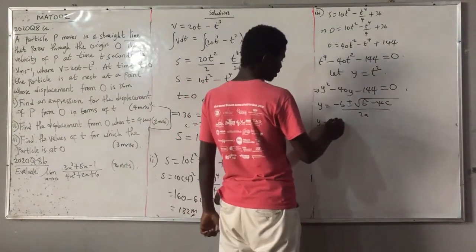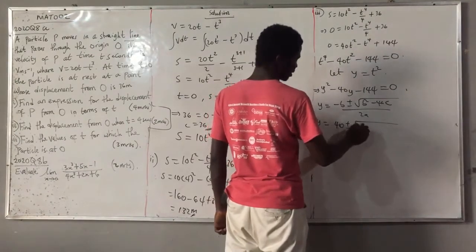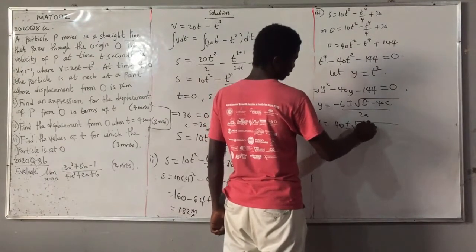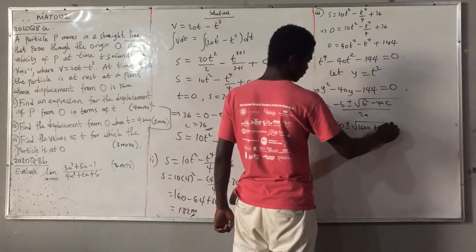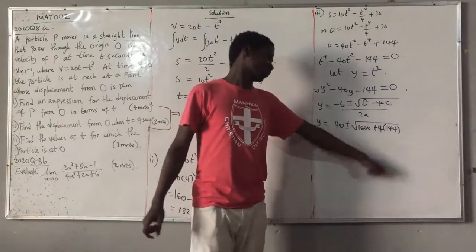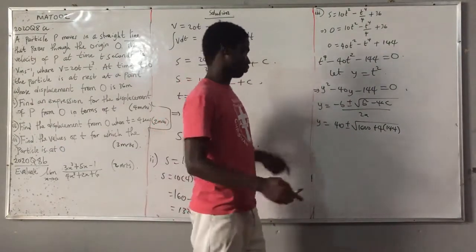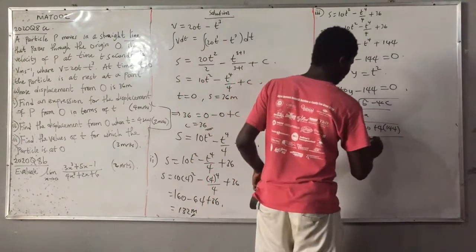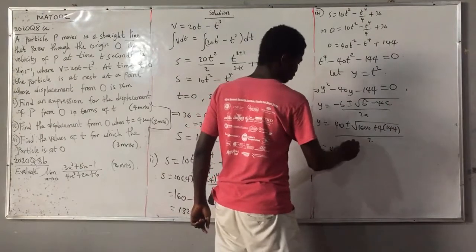So this becomes 40 plus or minus square root of minus 40 squared, that is 1600, plus 4, a is 1, c is 144. That is minus 4 times 1 times minus 144, that's why I put plus there. Basically, we are doing quadratic equation. All over 2.